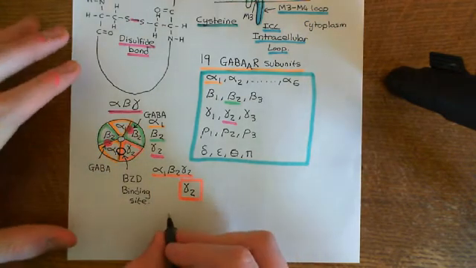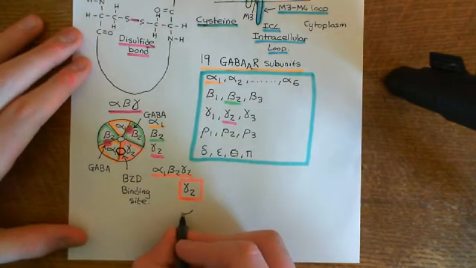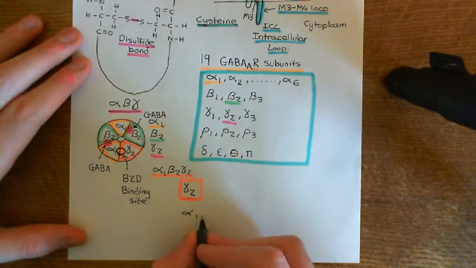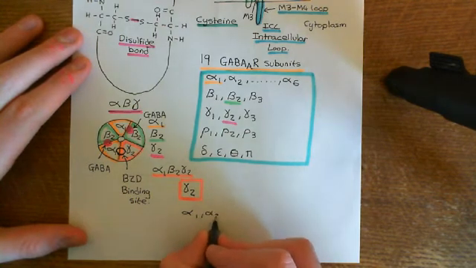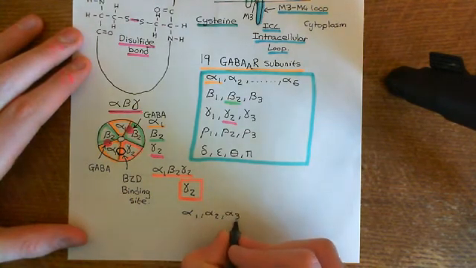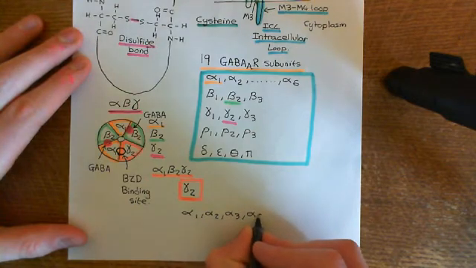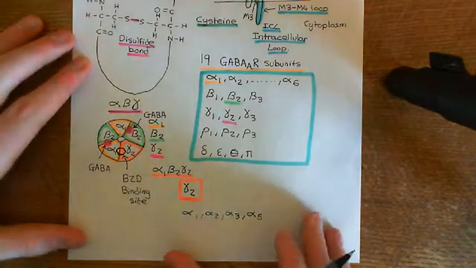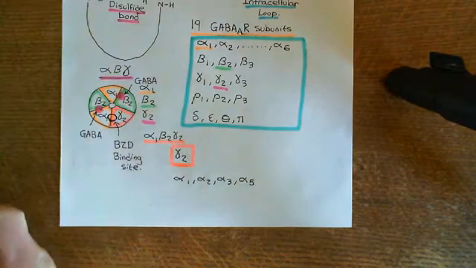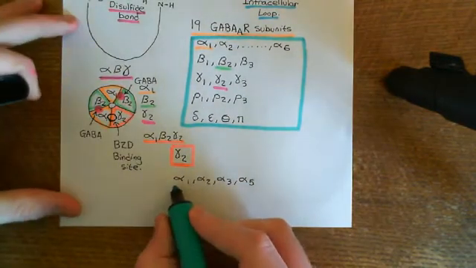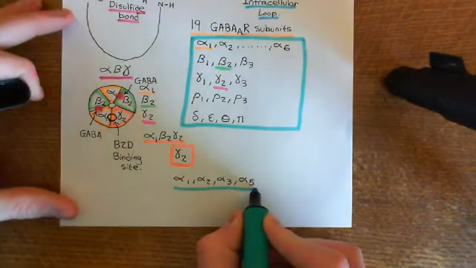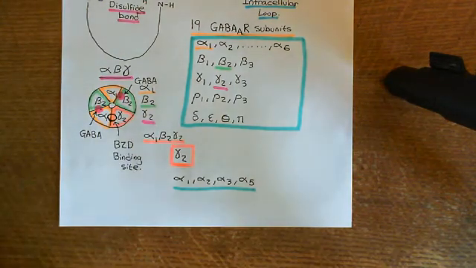Now, as far as the alpha subunit goes, you need to be alpha-1, alpha-2, alpha-3, or alpha-5. Alpha-4 and alpha-6 do not cut it; they are not good enough. You need an alpha-1, alpha-2, alpha-3, or alpha-5 if you're going to have a benzodiazepine binding site.